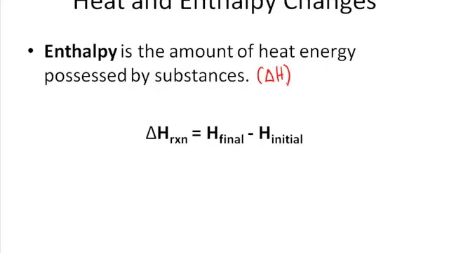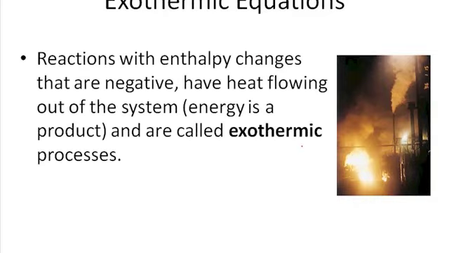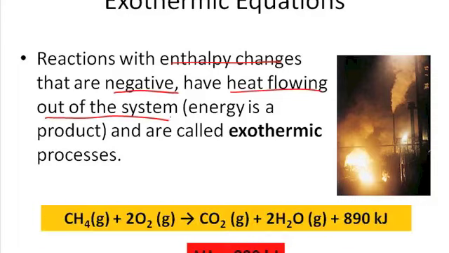We have a final, and we also have an initial amount. And if we have an exothermic reaction where the enthalpy changes are negative, heat flows out of the system into the surroundings. So therefore you're going to have a negative value.